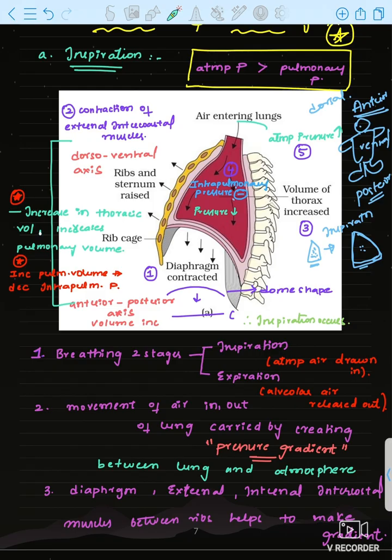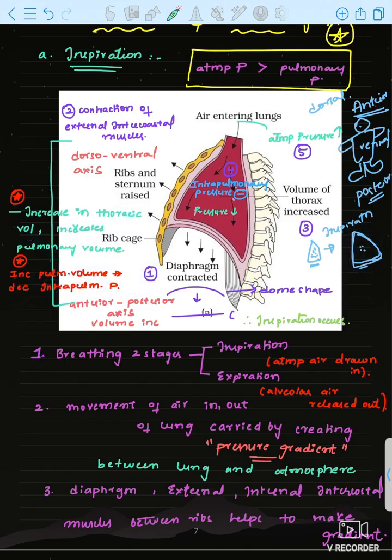See, I told no, increase in thoracic volume will increase the pulmonary volume, because the lung is in close proximity to the thorax lining. That is why increase in the thorax volume increases the pulmonary volume. Now volume has increased, that's why intrapulmonary pressure is decreased.